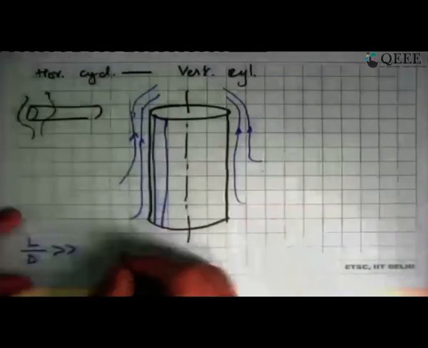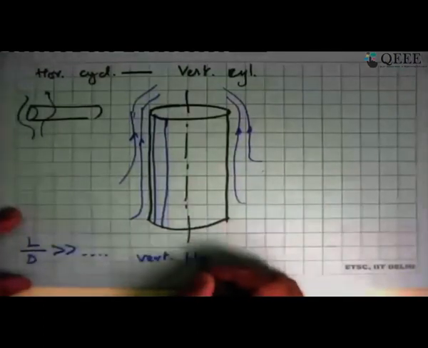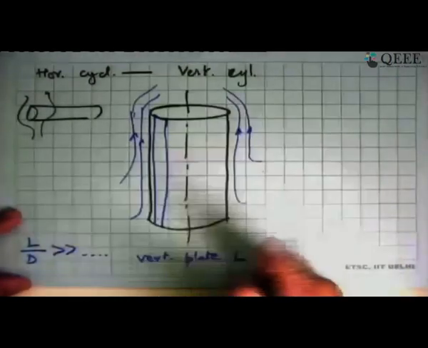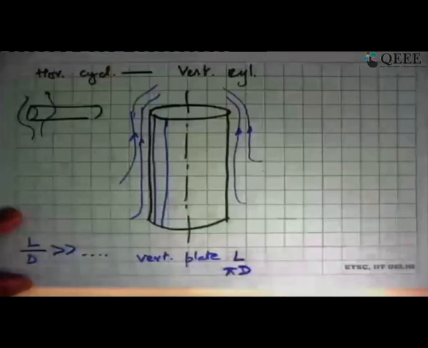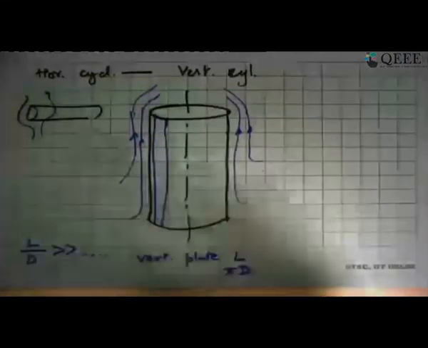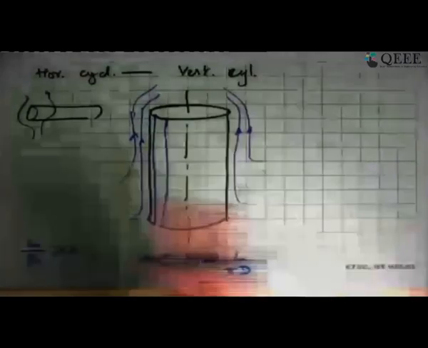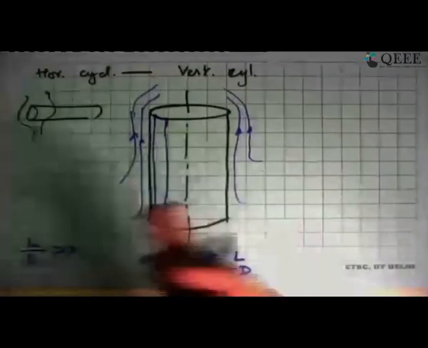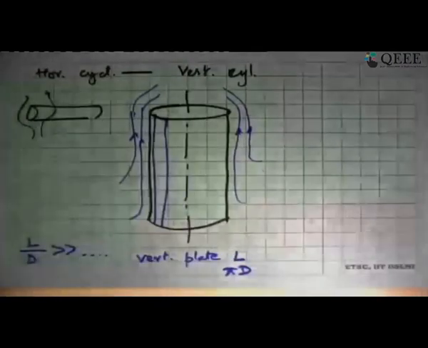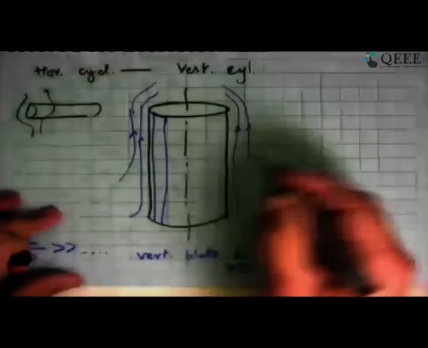So under some conditions, we can model this whole thing as a vertical plate whose length is the length L and whose width is pi d. So you can open up the cylinder, treat it as a vertical flat plate and use the flat plate correlations to get it. If this is not exactly very large but moderate, then there are correlations which give a correction factor which is decent enough for this. So that's how you can tackle what happens on a cylinder where flow is taking place on the outside.